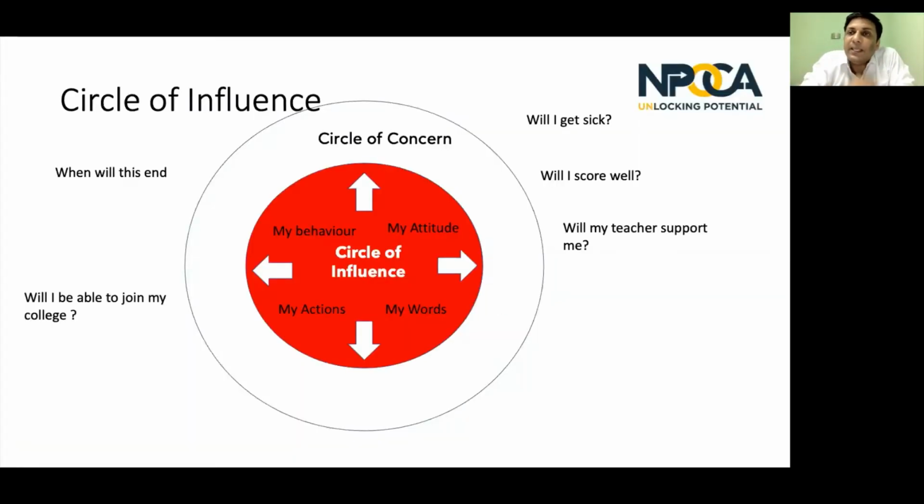For some of you who are asking, what do I need to do? You need to continuously work towards increasing your circle of influence, which is the innermost circle, because this is what you are in control of.